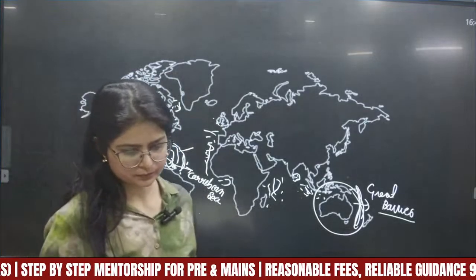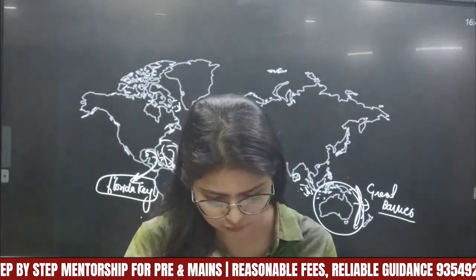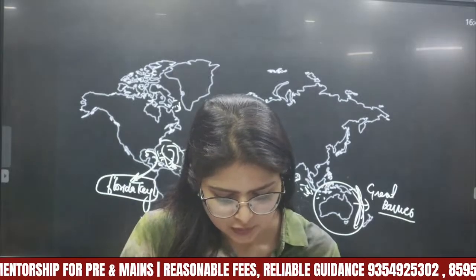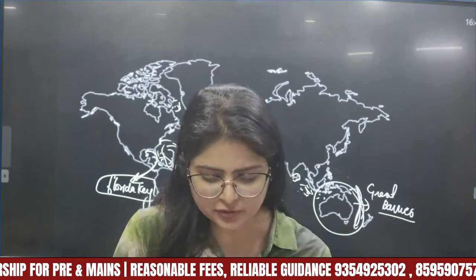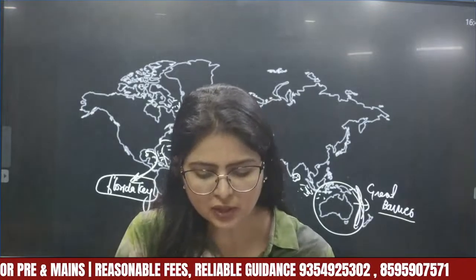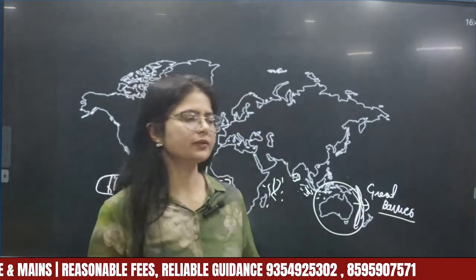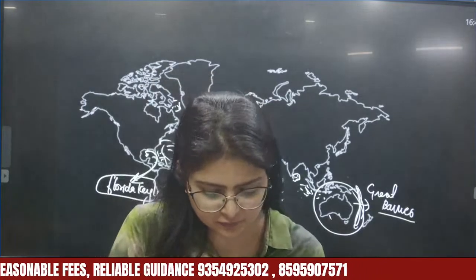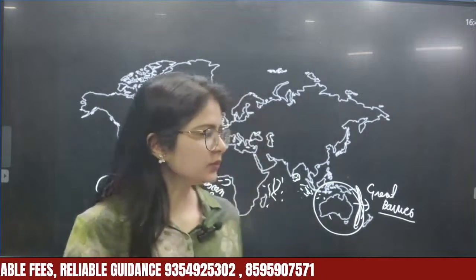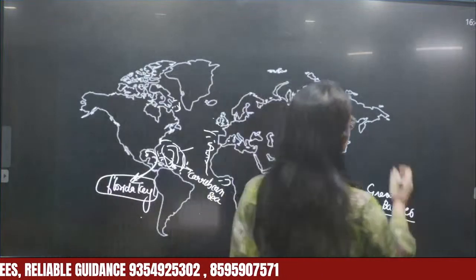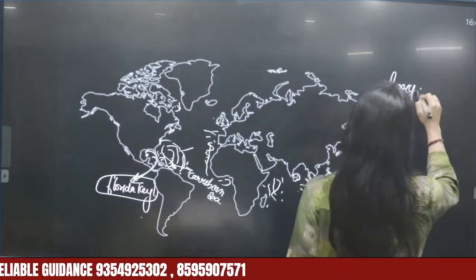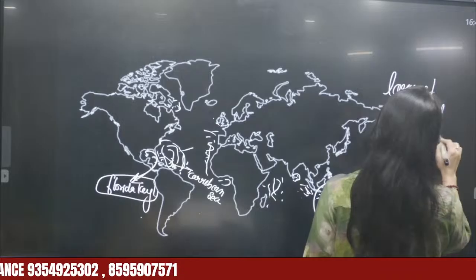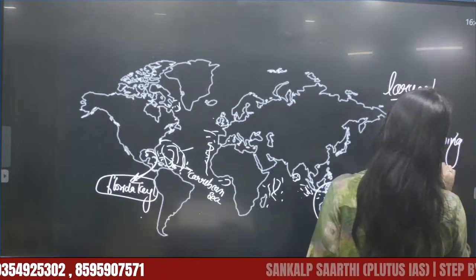Write down. First is the global coral bleaching event. This is the most recent one, 2023, between 2023 to 25. Write down the world is experiencing the largest coral bleaching effects.